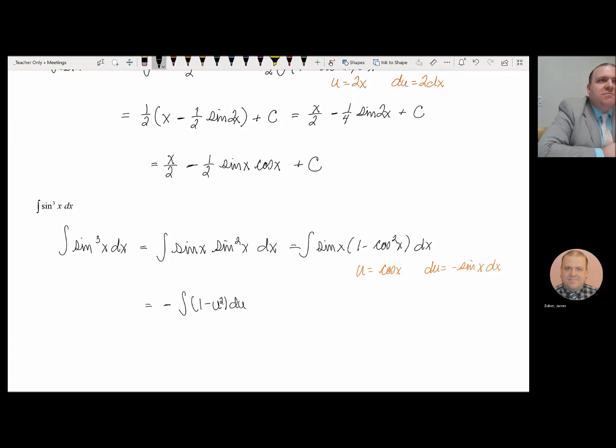So let u be cosine. We're going to now wind up with negative antiderivative of 1 minus u squared, which we can go ahead and actually distribute that negative through and write it as u squared minus 1 instead.